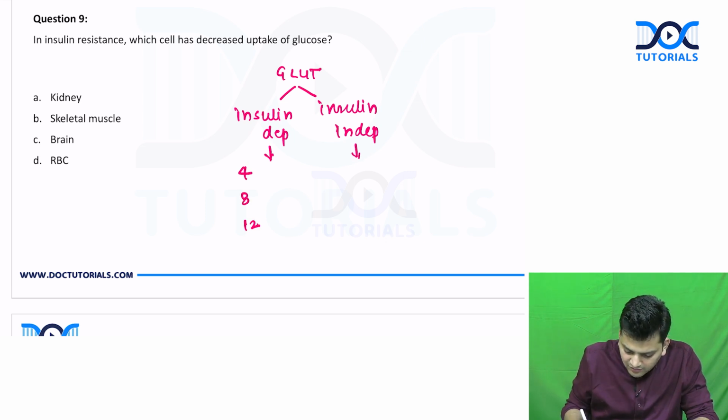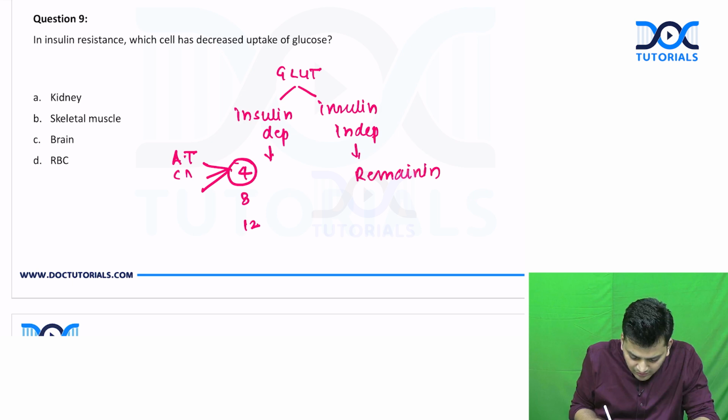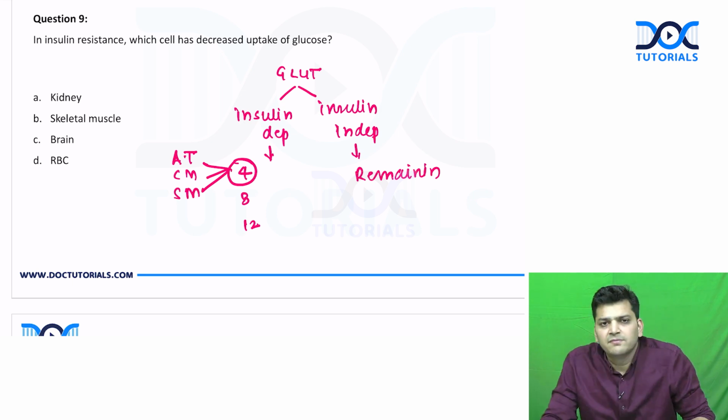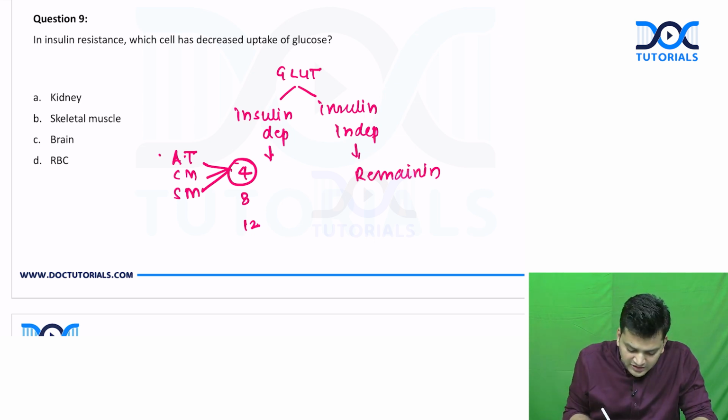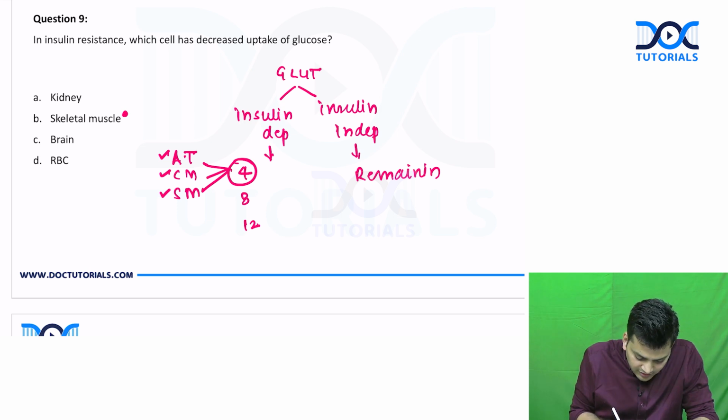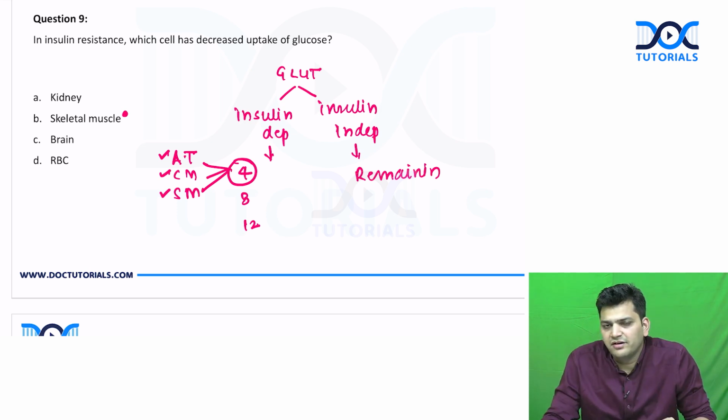The remaining are the insulin independent. Among them, the GLUT 4 is the most important one. It is found at 3 places: adipose tissue, cardiac muscle, skeletal muscle. So the insulin dependent glucose transporter means the glucose uptake is dependent on insulin in these 3 tissues: adipose tissue, cardiac muscle, skeletal muscle.